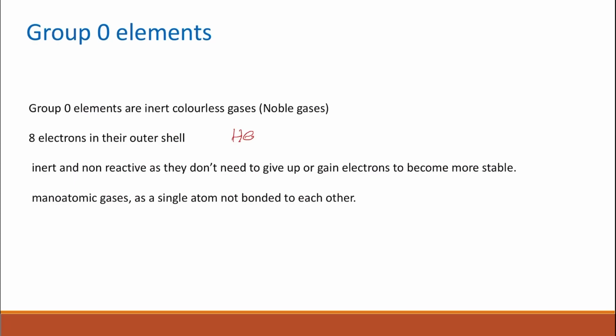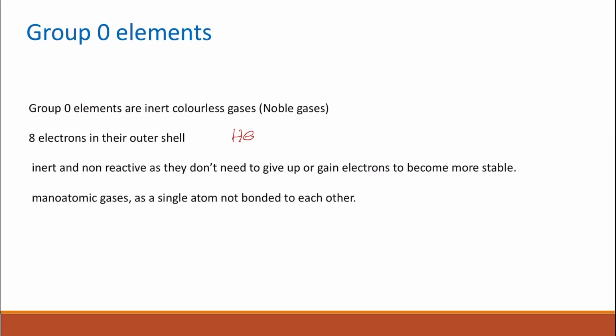They are inert and non-reactive as they don't need to give up or gain electrons to become more stable, because a complete or full outer shell confers stability to the elements. Any element in the periodic table that doesn't have a full outer shell tends to gain or lose electrons, and this is how they become reactive, in order to reach that stability.